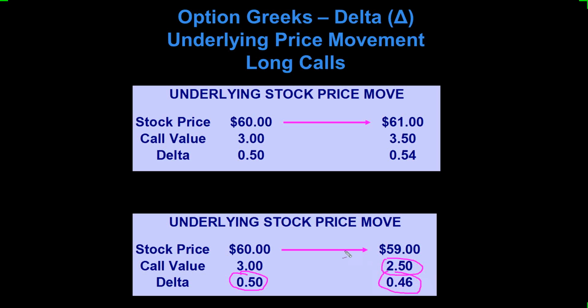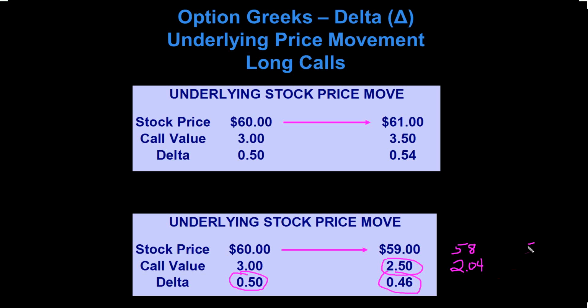It didn't increase because we went down in price. So now if I move down to 58, that goes down by 46 cents. So my option value has decreased, but it goes down to $2.04. So rather than decreasing 50 cents, I decreased 46 cents.